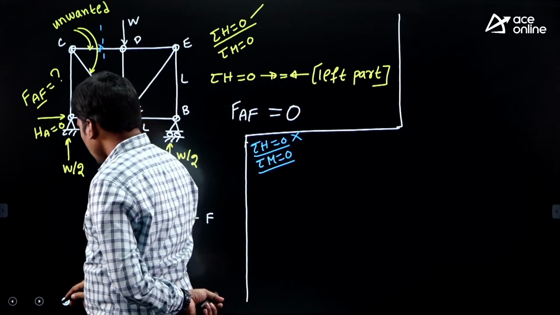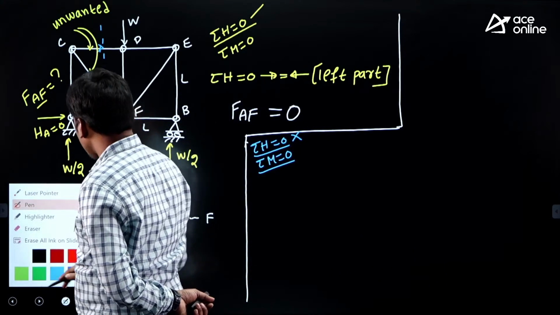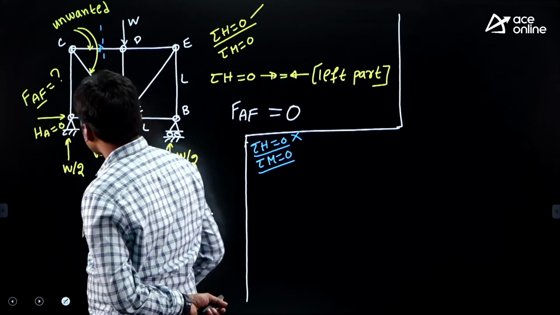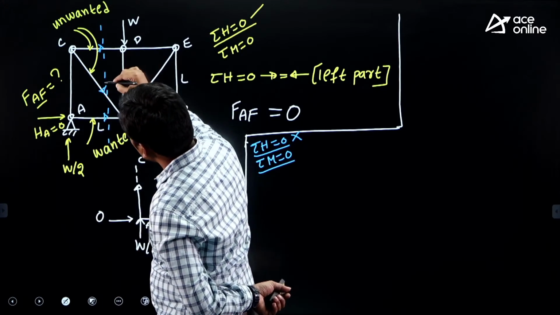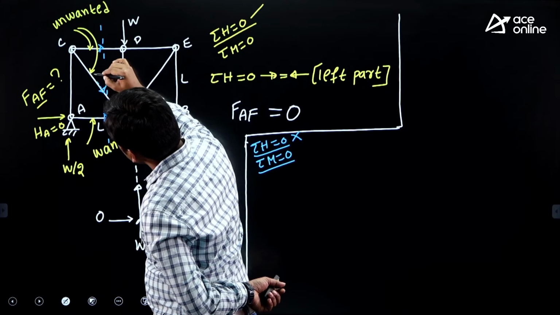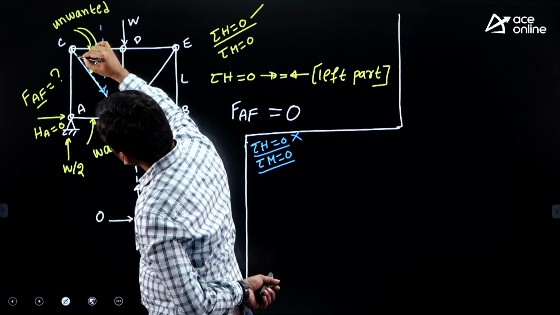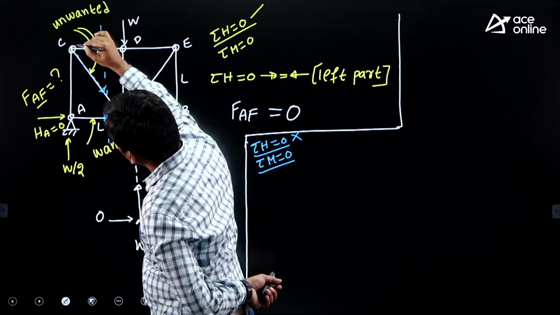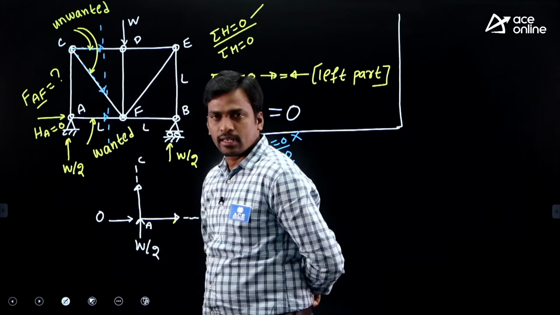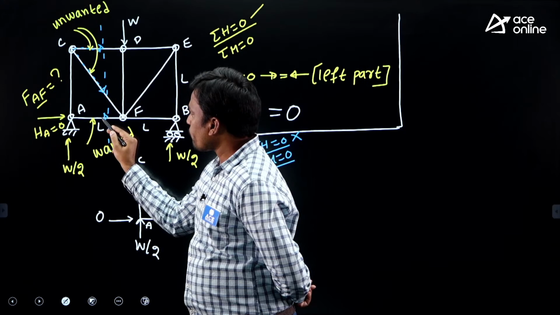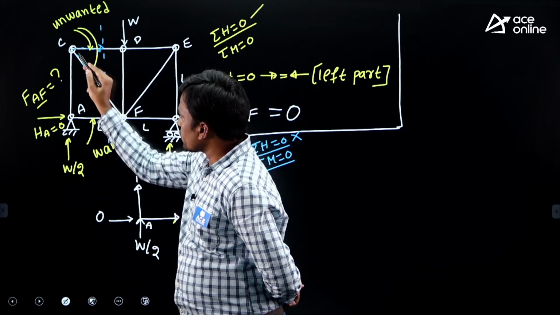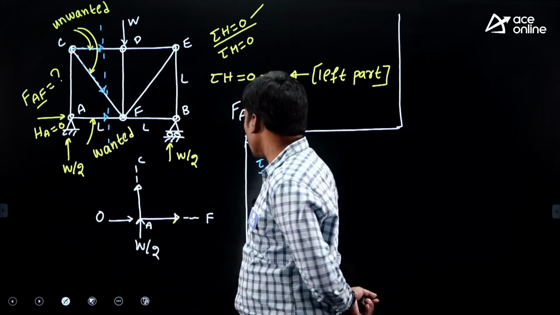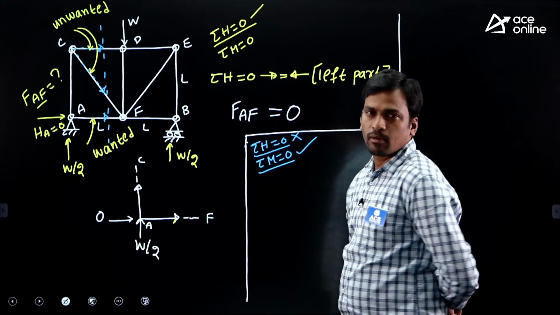Now tell me, here two unwanted members are there. Look here, the line of action of this unwanted member meets at joint C, and the line of action of this unwanted member also meets at joint C. And tell me, does the line of action of the wanted member meet at joint C? No. Then sigma M is possible.